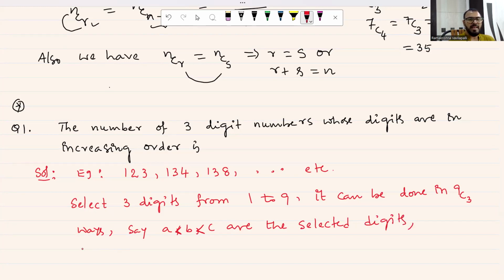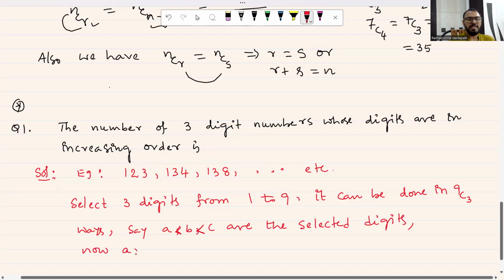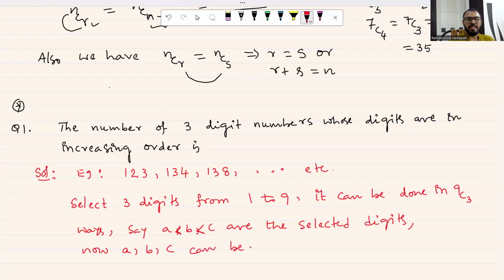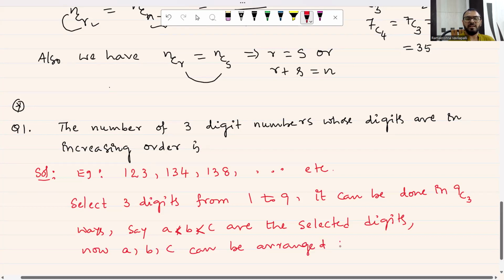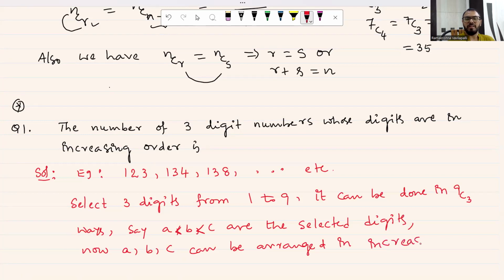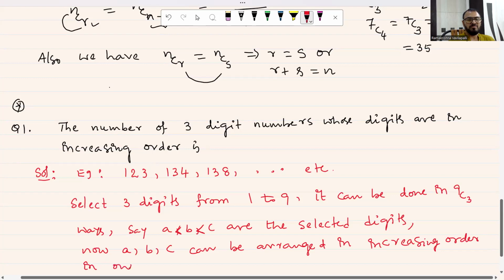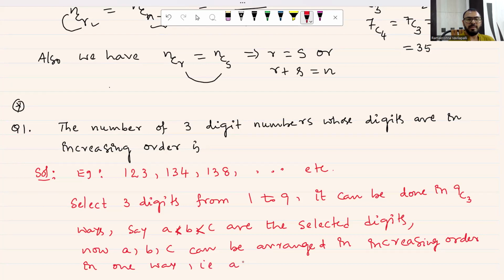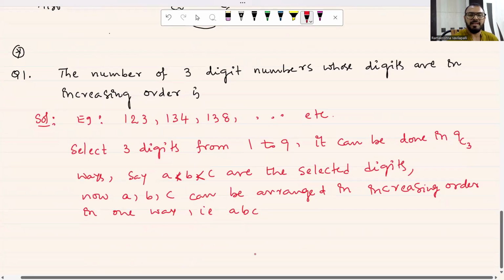Now a, b, c can be arranged in increasing order in only one way. That is first a, next b, next c.